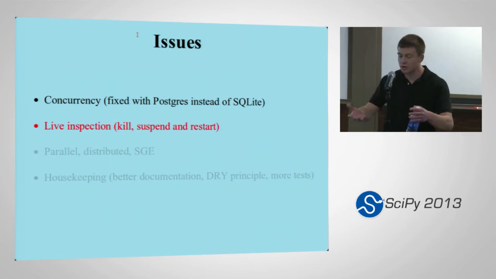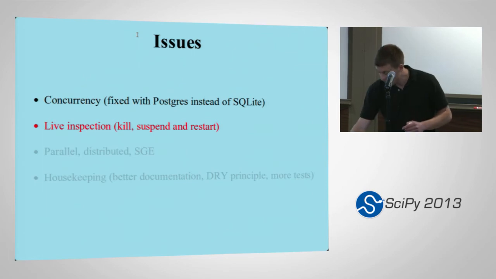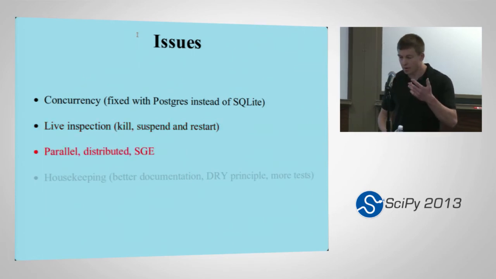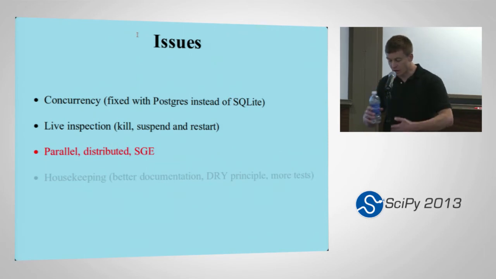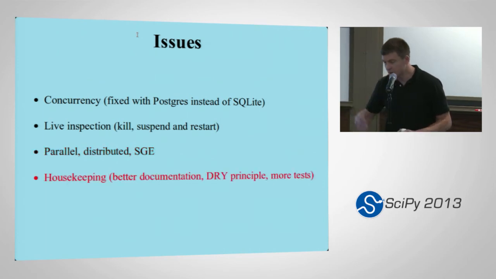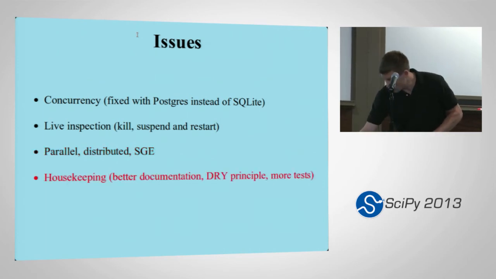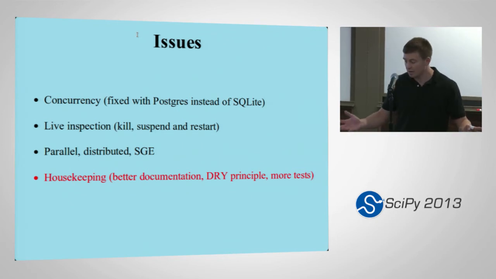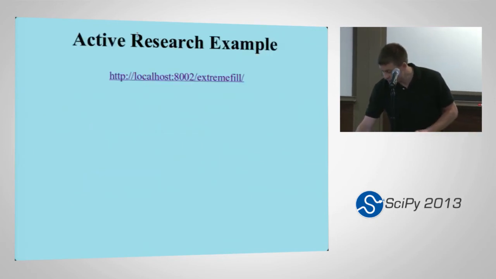By default, that's only recorded at the end of the simulation. And it doesn't work well at the moment with queuing systems, parallel and distributed jobs and so on. And we need better housekeeping in Sumatra, documentation, less state being held, and better tests.